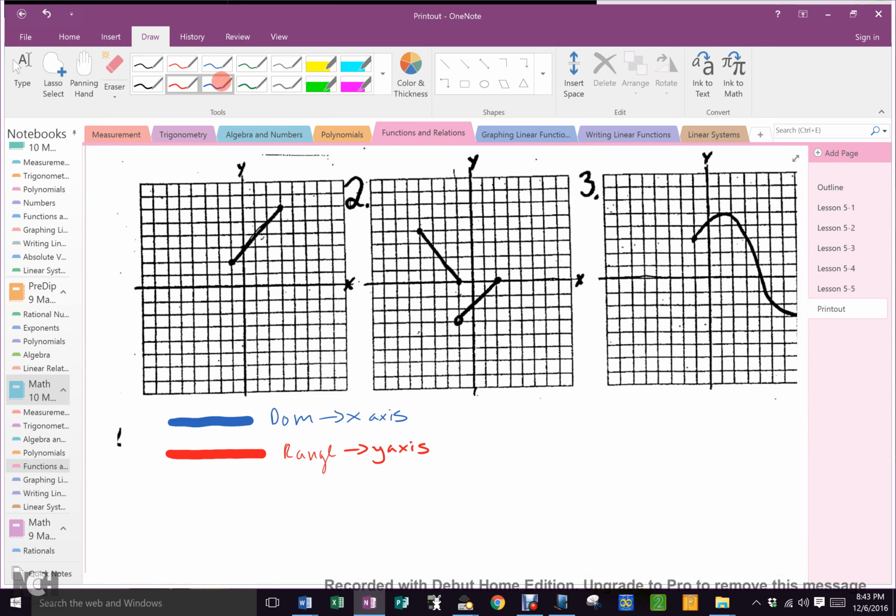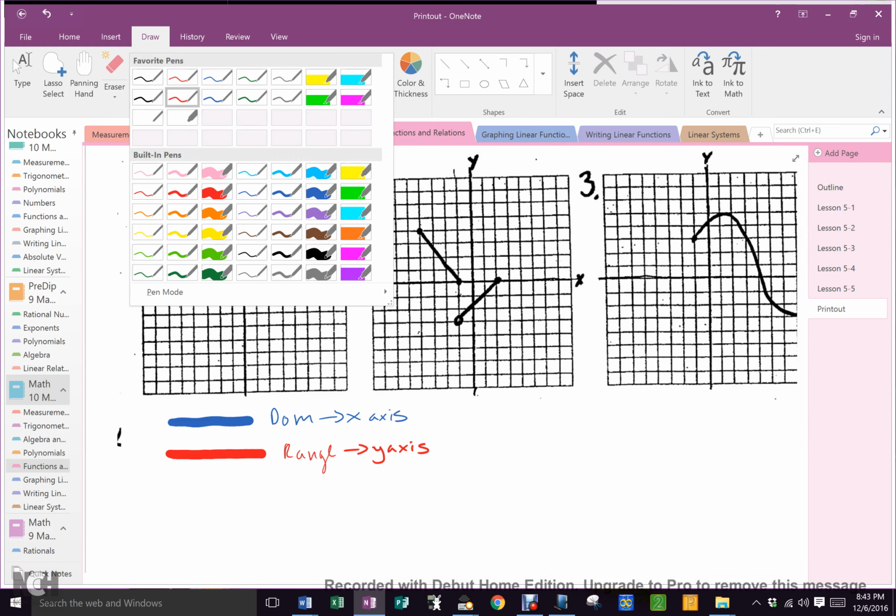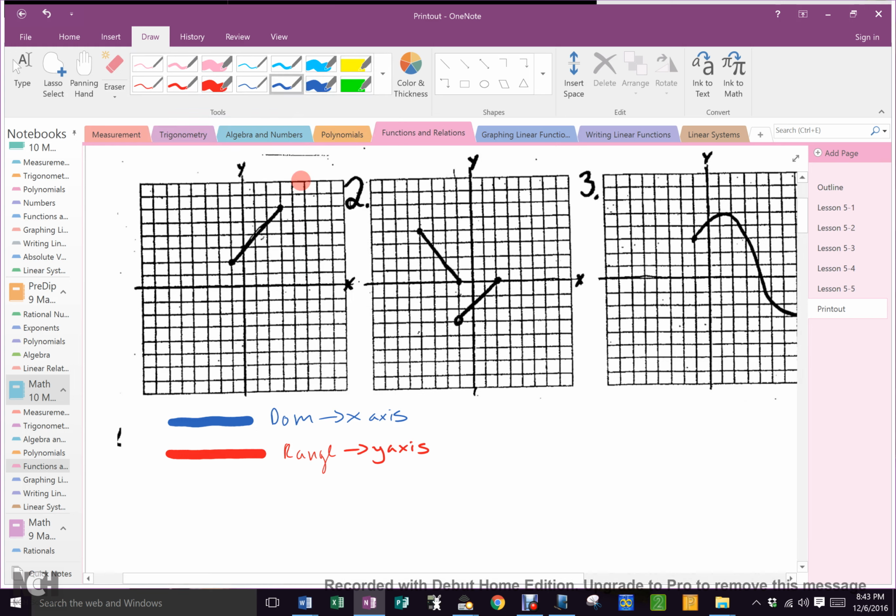So all you do is you take the color that you care about. So for me, I'm going to use blue, and I see that my domain starts there and goes to there. Excuse me, I'm going to use a smaller thickness. That's too thick.